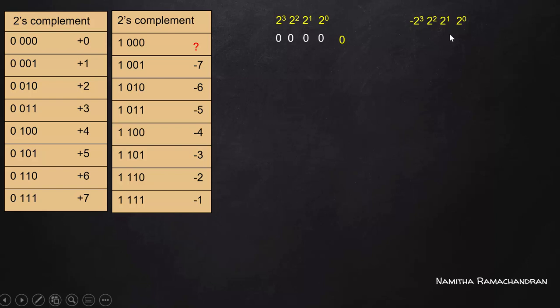So in case of 2's complemented form with 4 bits, the value is 0 into 2 to the power 0 plus 0 into 2 to the power 1 plus 0 into 2 square plus 0 into minus 2 cube. Here all the product values are 0, so the final value is also 0.